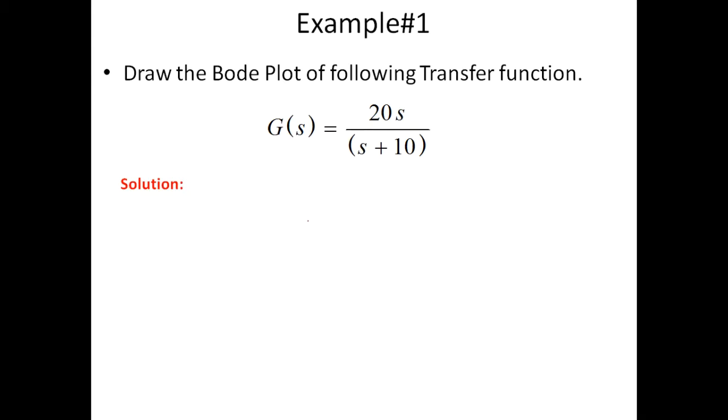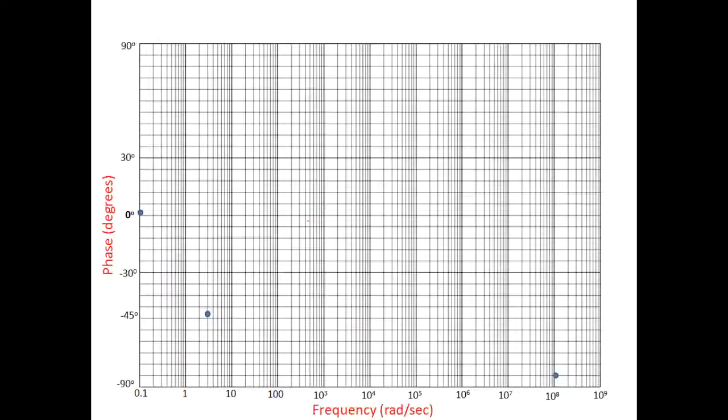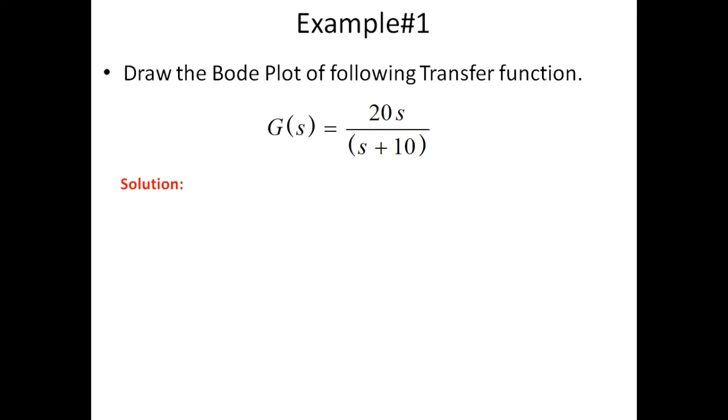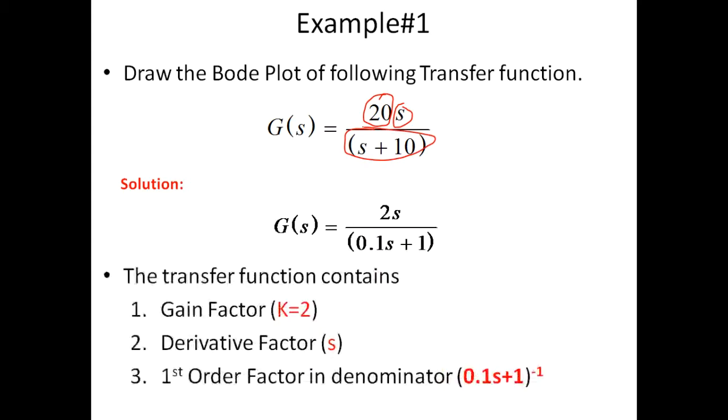Now, as an example, let's combine what we already saw until now. Here we have 20, we have s, and you have 1 over s plus 10. That means the gain is 2, the derivative factor is s, and the first order factor in the denominator is 1 plus 0.1 s.